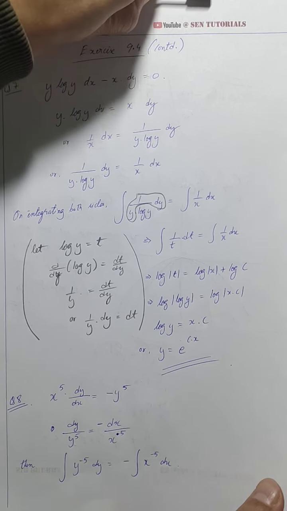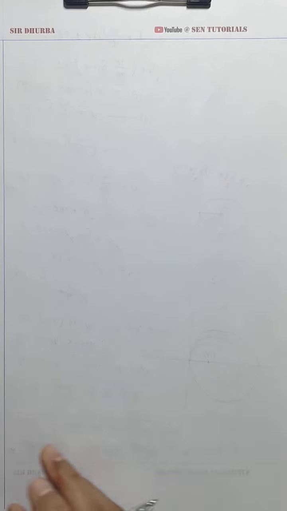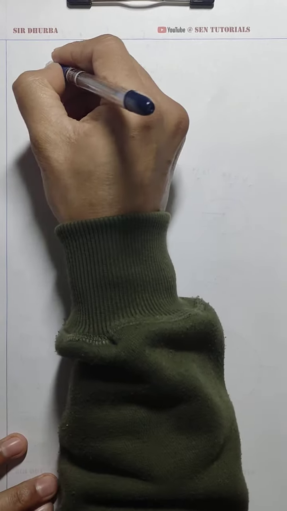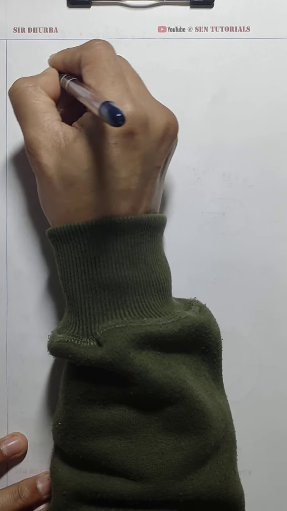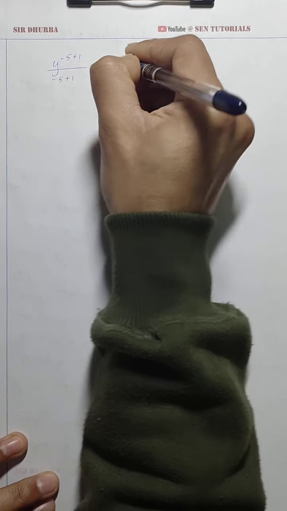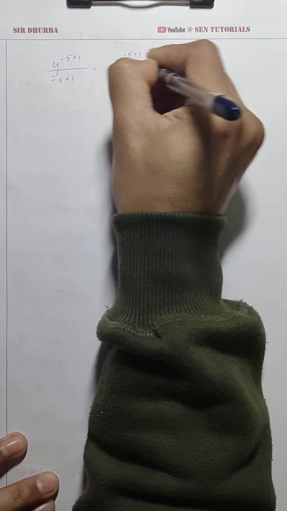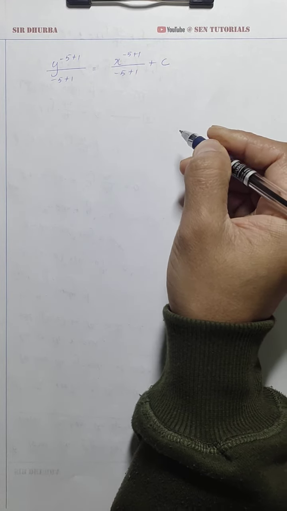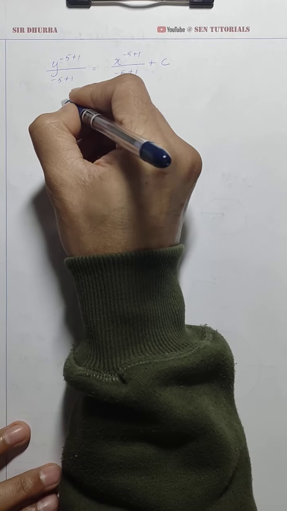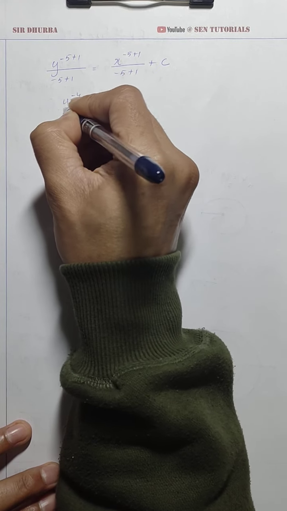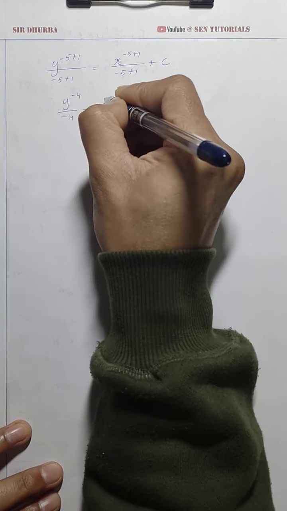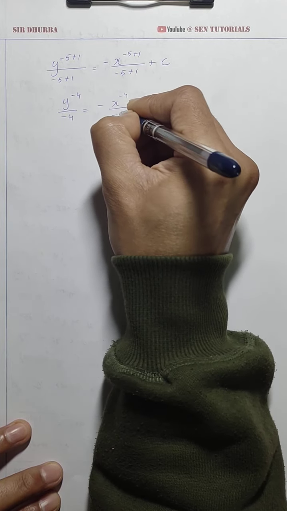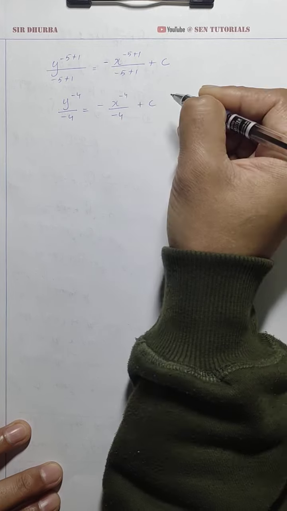Okay, I'll move on. So that will be y power minus 5 plus 1 by minus 5 plus 1 equal to minus x power minus 5 plus 1 by minus 5 plus 1 plus c. I'll use that c here because there is no log here, no problem. So that's y power minus 4 by minus 4 equal to minus x power minus 4 by minus 4 plus c.